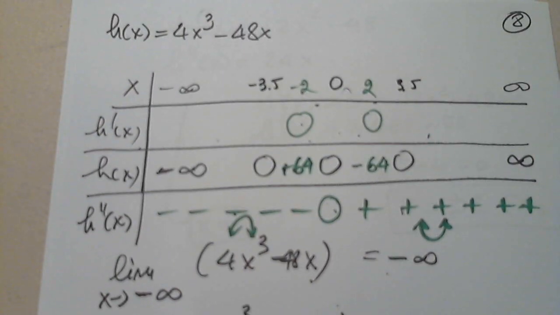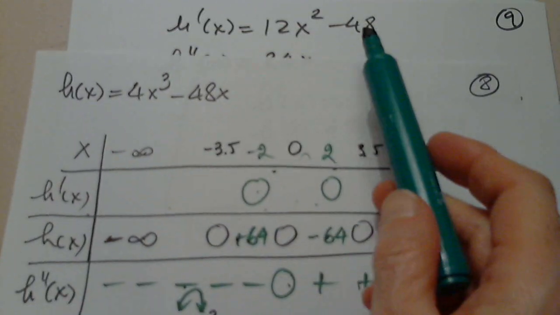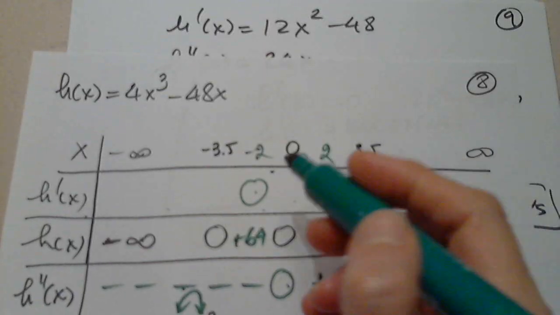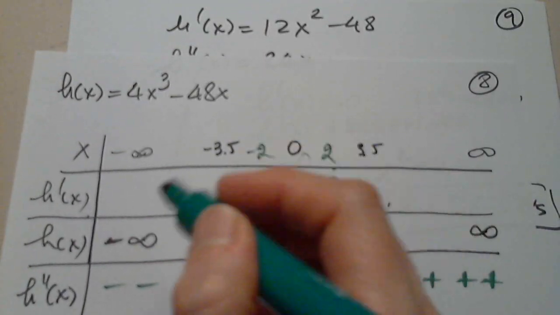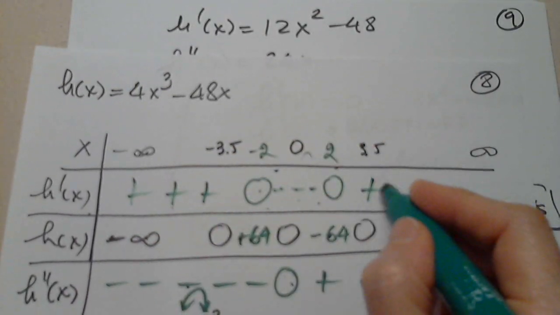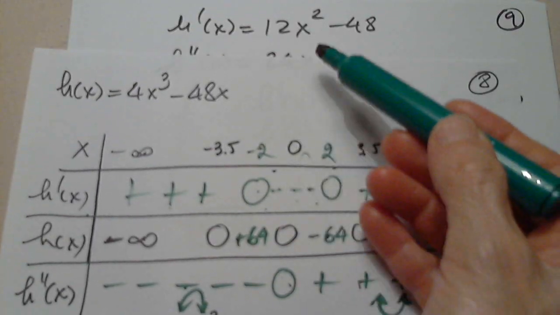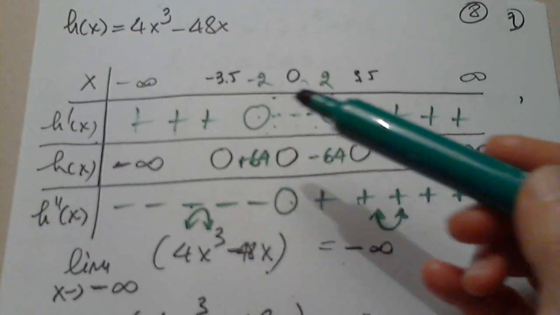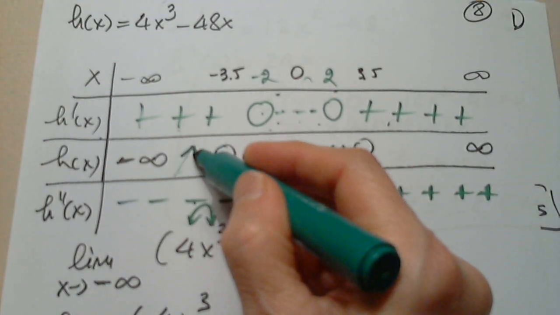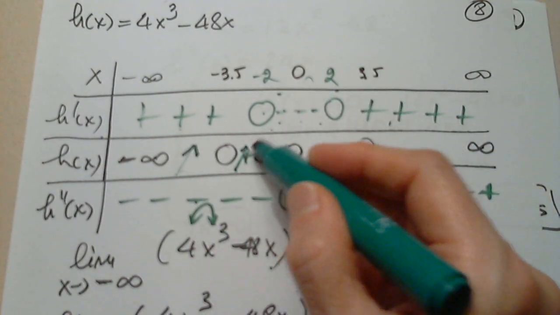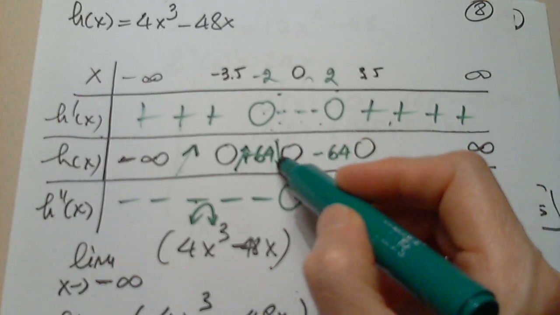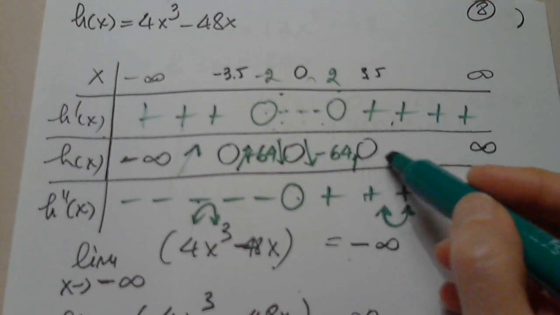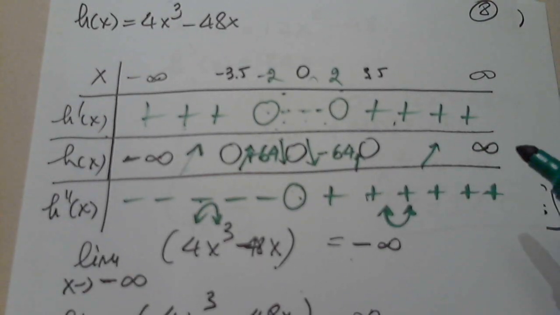Okay, so now I have to study the sign of the first derivative just in case. In between solutions, I put in 0, so it's negative. And outside is positive, because I plugged in 0 and I got negative 48. And let's see. Increasing, and then further increasing, and then decreasing to 0, decreasing to negative 64, up to 0, up to infinity.